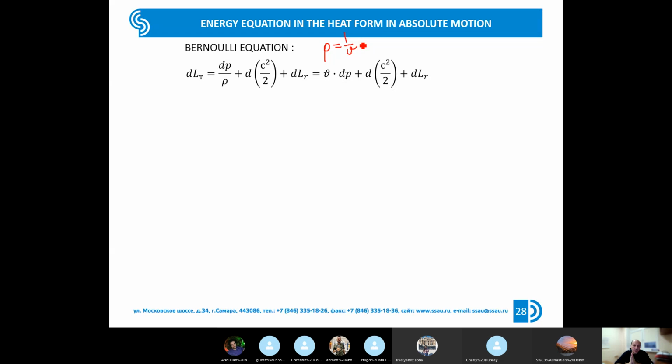But of course, in the real process, we have supplying heat. And what is the source of the heat in the real process? The source of the heat in the real process is hydraulic losses, because finally all hydraulic losses become friction. And you know, if there is friction, we feel warmth.